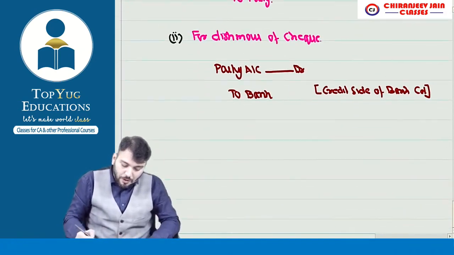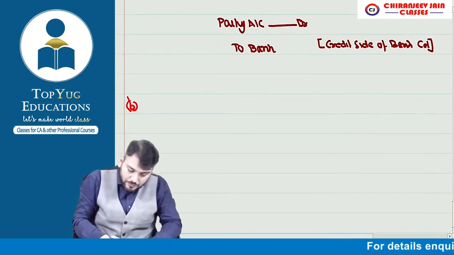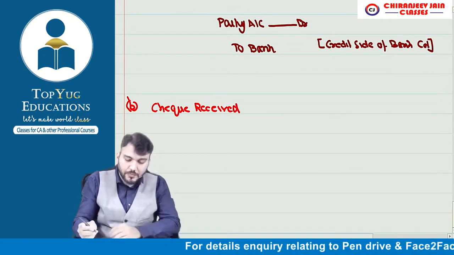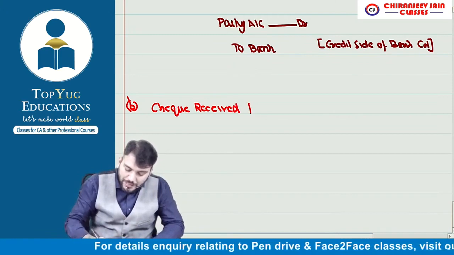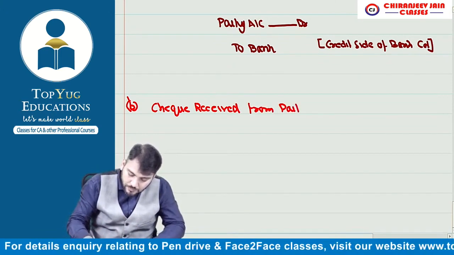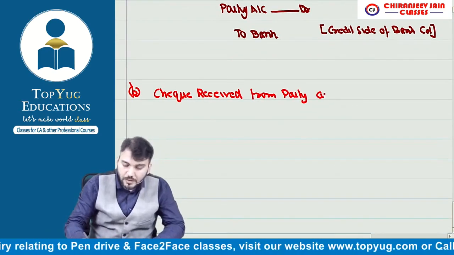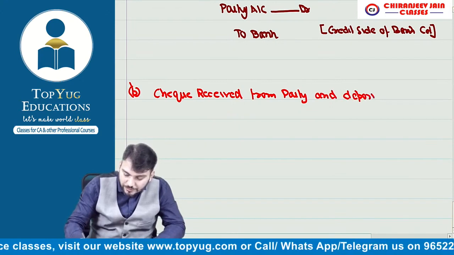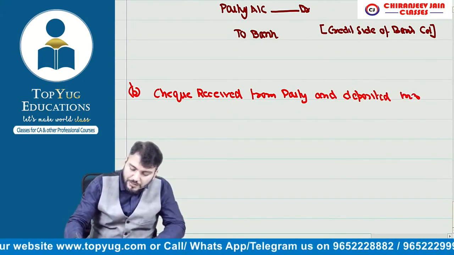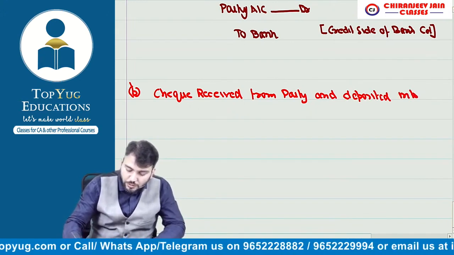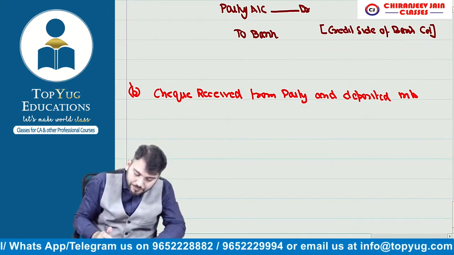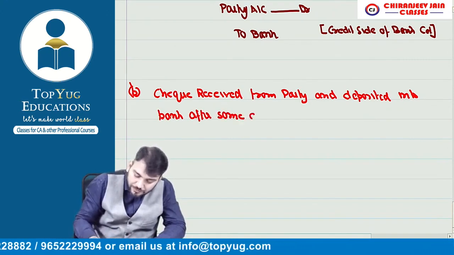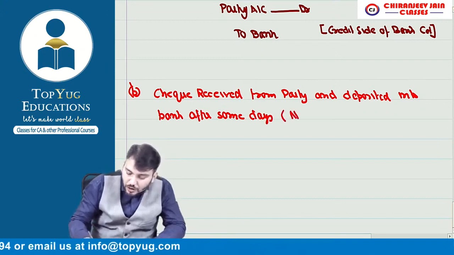Then add on, point number B. Correct. Point number B. Write: check received from Mr. or from any party, and deposited into bank after some days, means not immediately.